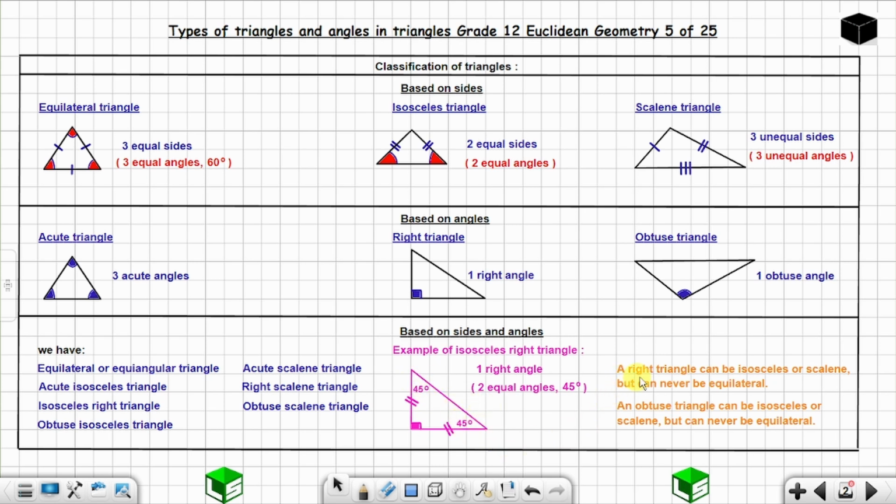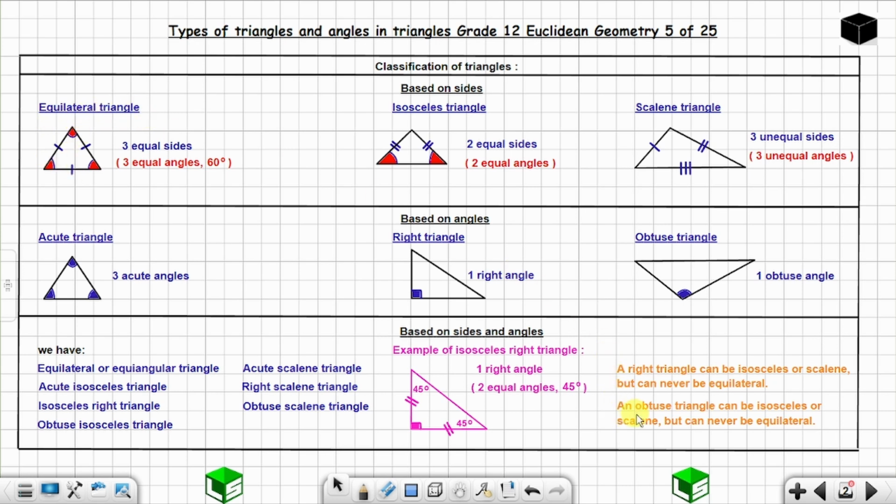So a right triangle can be isosceles or scalene, but can never be equilateral. In an equilateral triangle, all three angles are equal to 60 degrees. So you understand you cannot have a right angle inside an equilateral triangle.